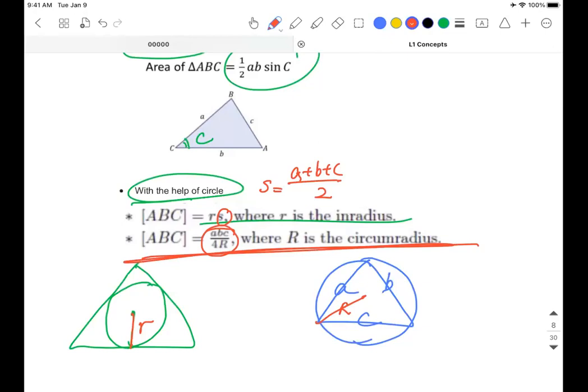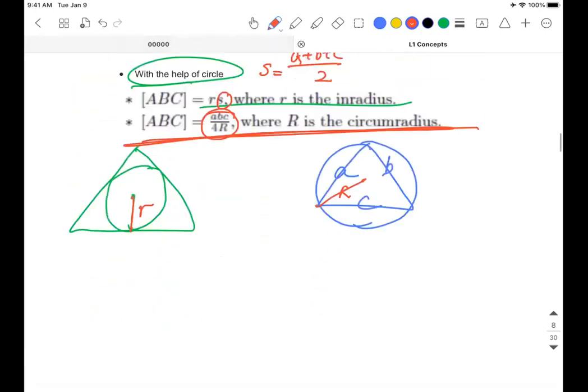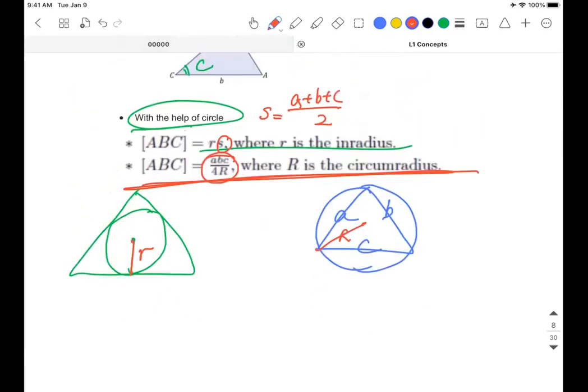I think one of your AIME problems actually tested this. As long as you know this, you save your problem significantly. Otherwise, I think you're going to take forever to figure out how to do the problem. But as long as you know this, it's going to save your time significantly, and you can get your answer fairly quick.